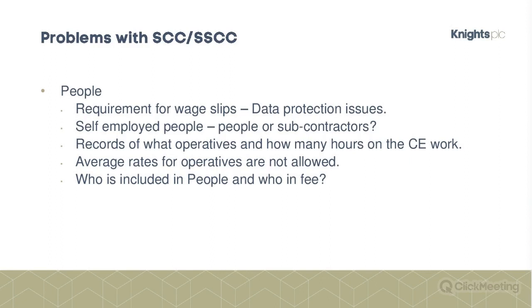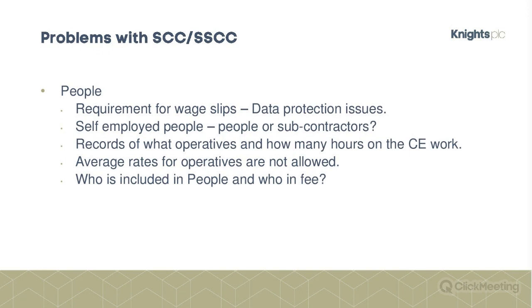It also raises data protection issues, which we're probably not as paranoid about as we were 18 months ago, but there are some valid issues there. There's also an issue about self-employed people. Are they the people section or are they subcontractors for contracts C, D, and E? Keeping records of who is doing the work and what they're doing and how long it takes.